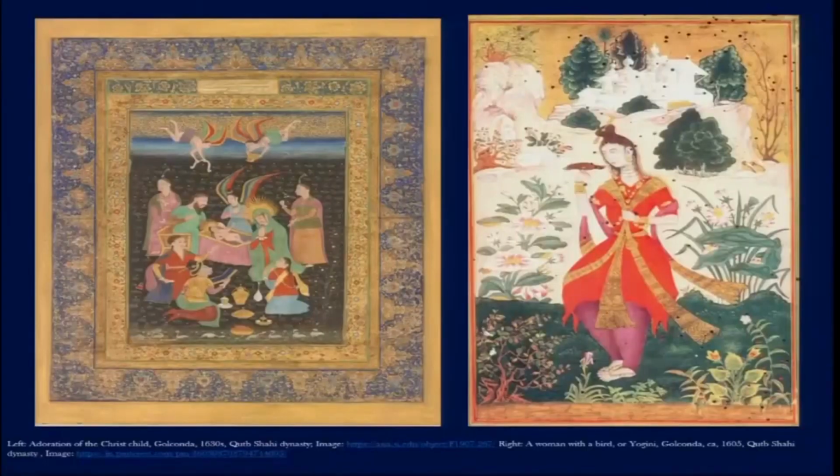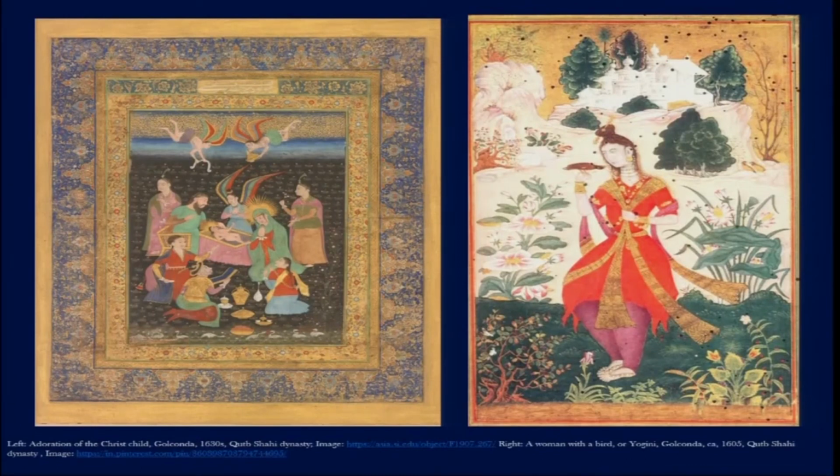That is the reason we have more questions about these images than answers. So for example, here we have this one image, the adoration of the Christ child, and that comes from Golconda in the 1630s. So it's the early half of the 17th century, and in this one we find a richly decorated image in which there are multiple frames in which the narrative scene of the adoration of the baby Christ is taking place.